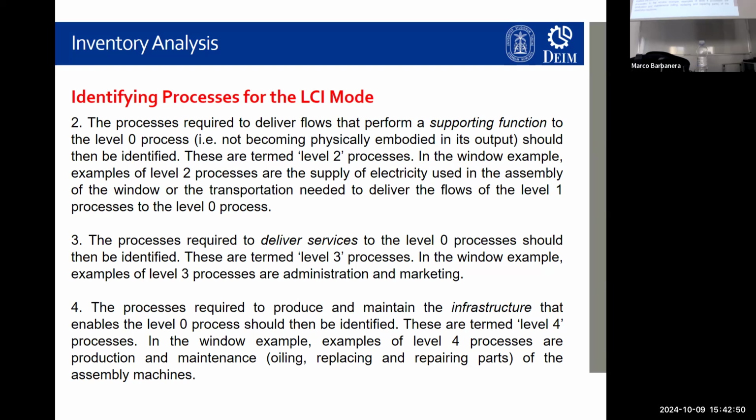These kinds of processes are not considered in the life cycle of a product. Also, another family of processes that typically are not considered during the collection of inventory data are the processes about the production and maintenance of the assembly machines.